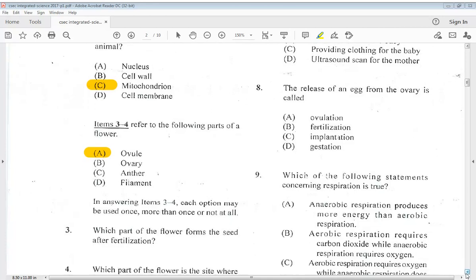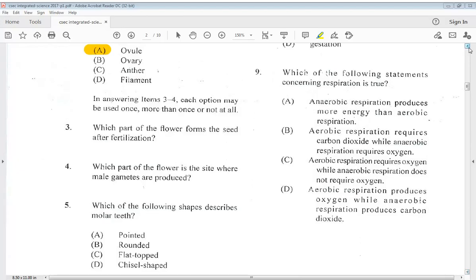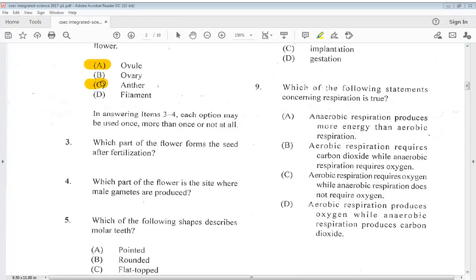Let's look at number 4. Which part of the flower is the site where male gametes are produced? Or you may say gametes, whichever way you pronounce it. Looking at that, we know that is C, anther.